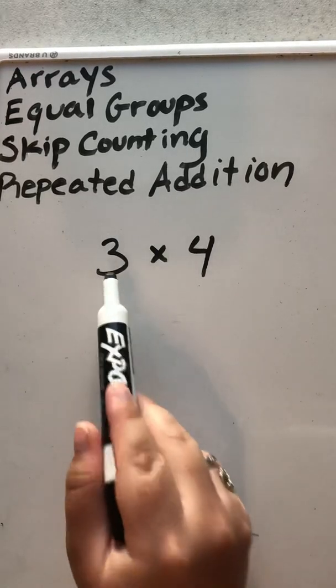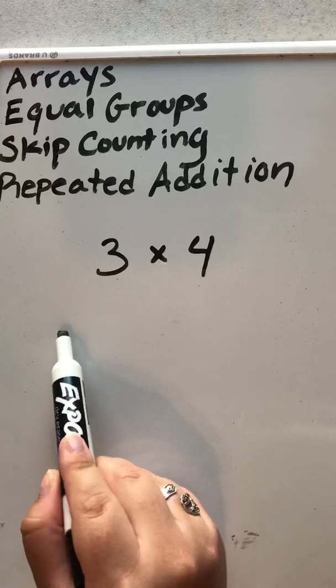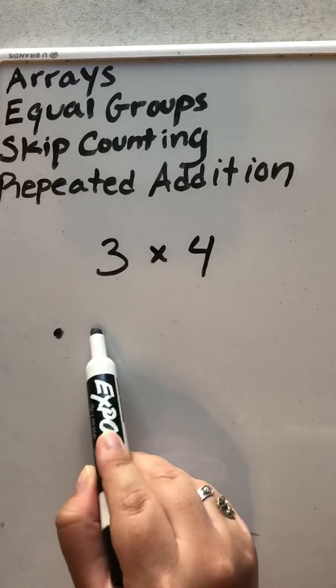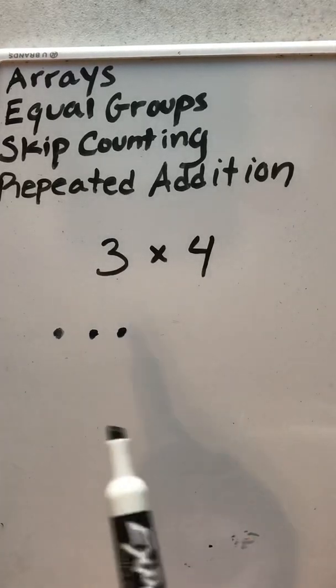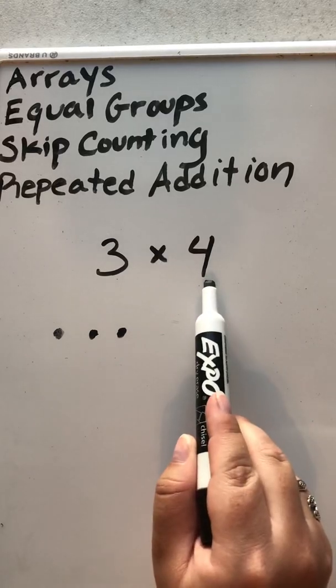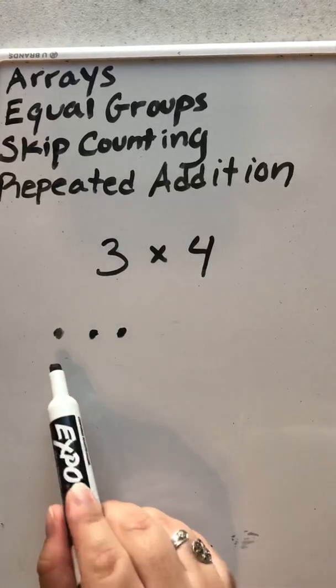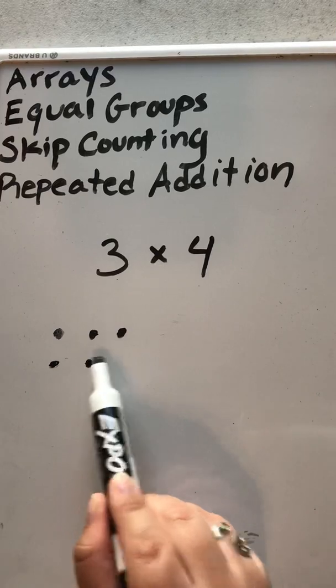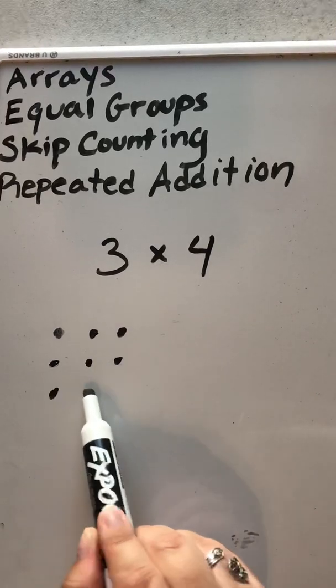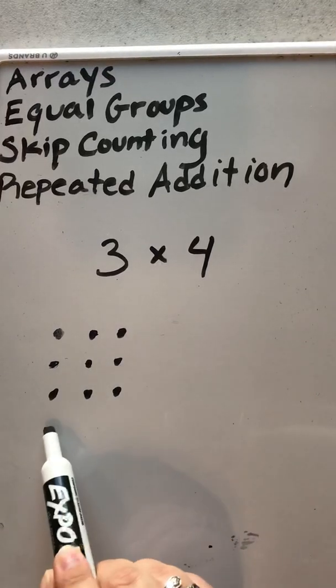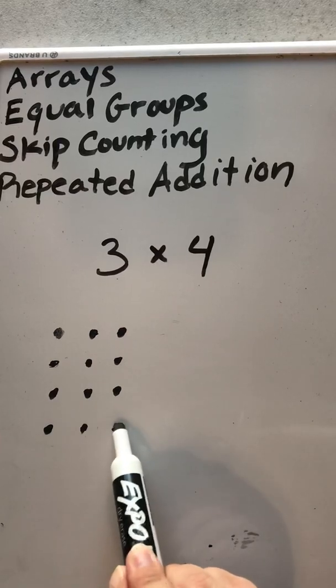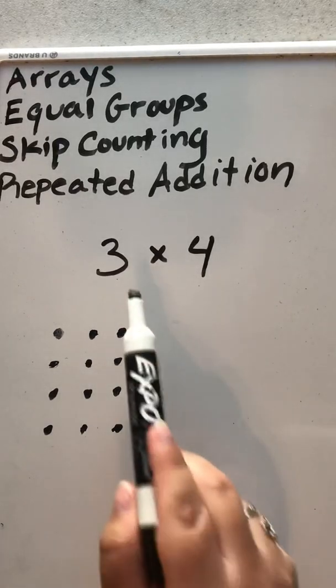One way I could draw this is by drawing a row of 3 dots, 1, 2, 3, and repeating that 4 times to make 4 groups of 3. 1, 2, 3, 1, 2, 3, 1, 2, 3. And there you have it.